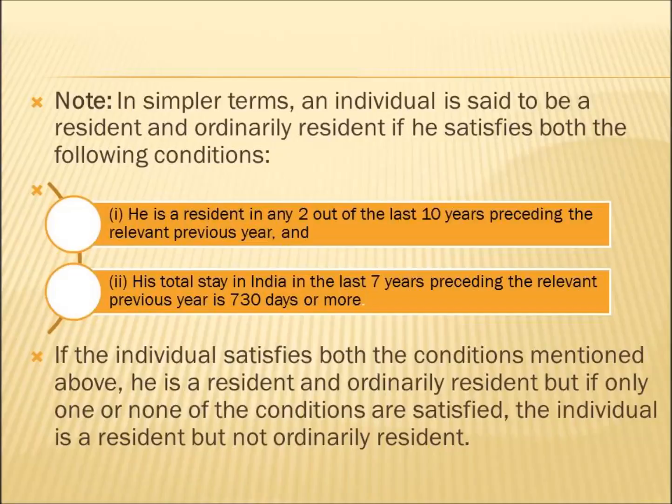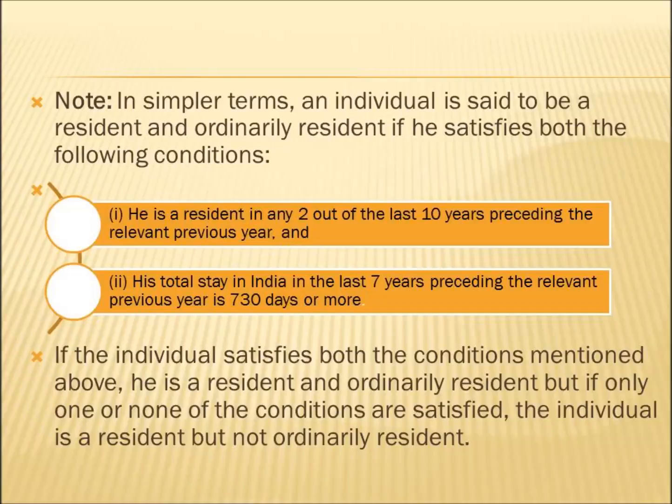Not ordinarily resident is the opposite of ordinarily resident, so these two conditions are also opposite of those two conditions given in the previous slide. In the previous slide, if any of those two conditions were satisfied by an assessee, then he would be regarded as not ordinarily resident.